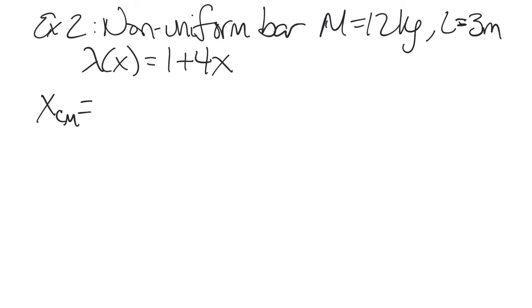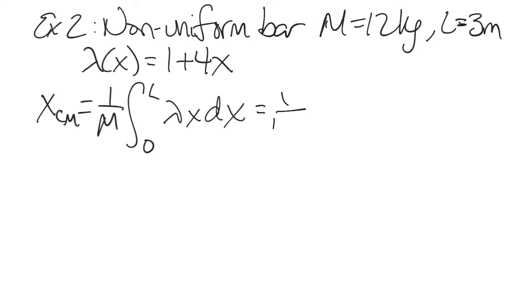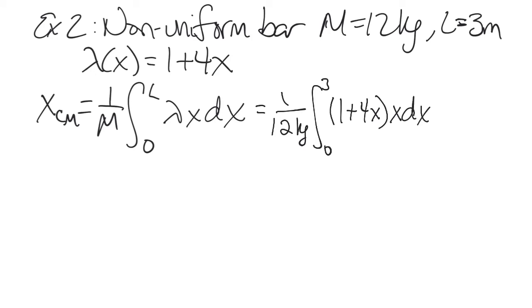So now we have from 0 to L of lambda x dx. We can't just take out lambda because it is a function of x. And so if we start plugging in things, we have 1 over 12 kilograms, that's the total mass, 0 to 3 meters, and lambda is 1 plus 4x, and now we have x dx.